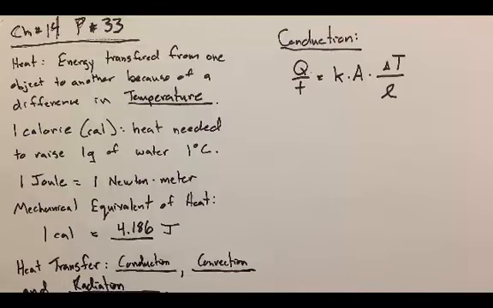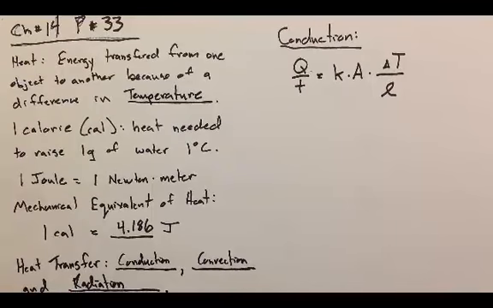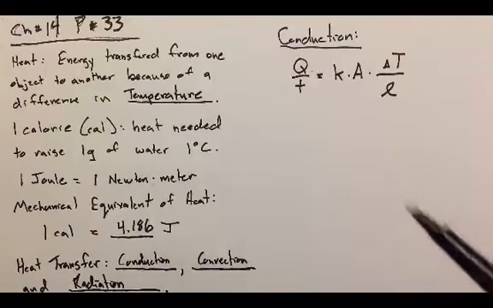So radiation like light or infrared radiation or UV radiation or X-rays or gamma rays, any part of the electromagnetic spectrum doesn't need a medium to transfer through. So it's the only one that can transfer without touching. So 3 ways heat can be transferred from one object to another, and the one we're going to spend the most time talking about is conduction.